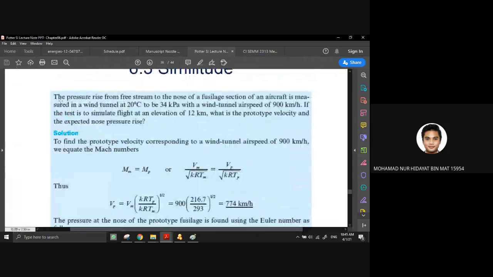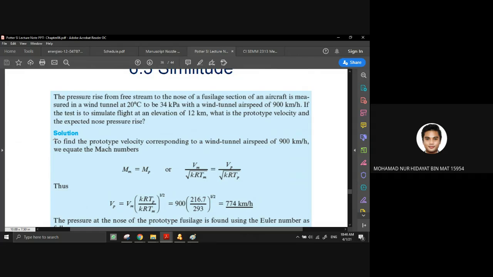You can see here, the pressure rise from the free stream to the nose of the fuselage section of an aircraft is measured in the wind tunnel with this speed. If the test is to simulate flight at an elevation of 12 km, what is the prototype velocity and the expected nose pressure rise?